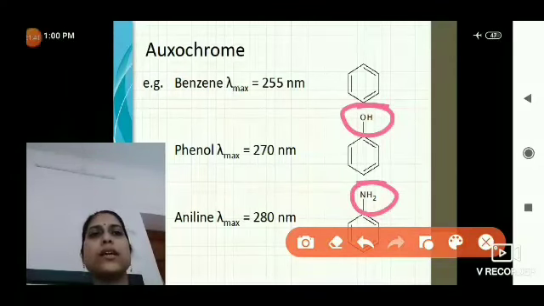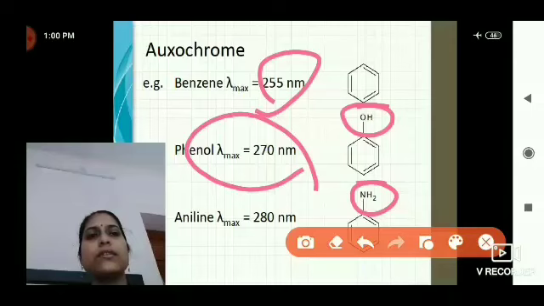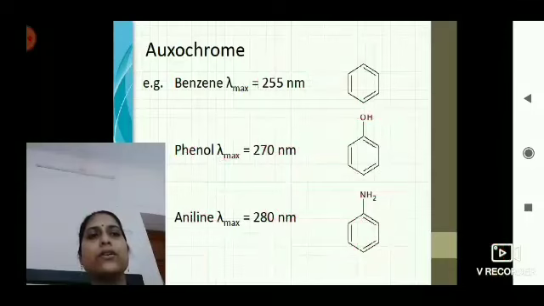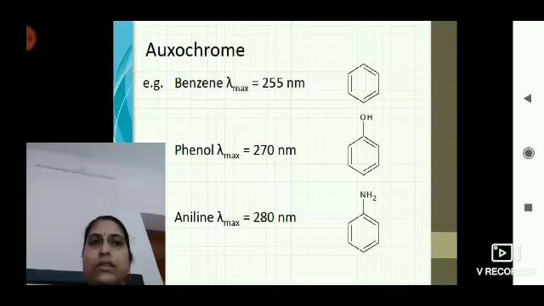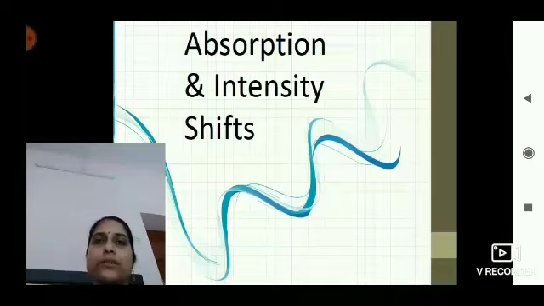Benzene has a lambda max value of 255 nanometer, and when an OH functional group gets attached, the lambda max value increases, and further for amino it gets another increment to 80 nanometer. So the trend of auxochrome is that it increases the lambda max value, and thus auxochrome and chromophore you have seen.